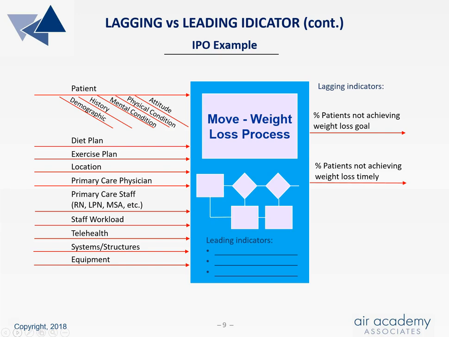So the process we are going to review is move weight loss. The customer is the veteran. The desired output of the process is to help obtain wellness by the loss of excess weight. The outcome measurements or lagging indicators are percent patients not achieving weight loss goal and percent patients not achieving weight loss timely.